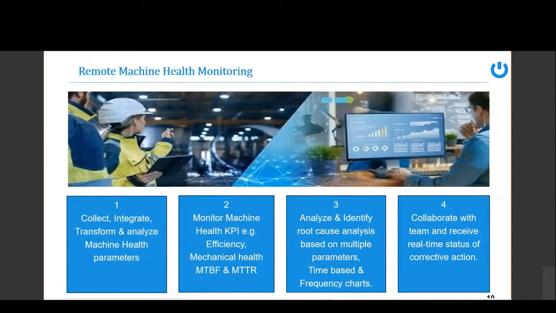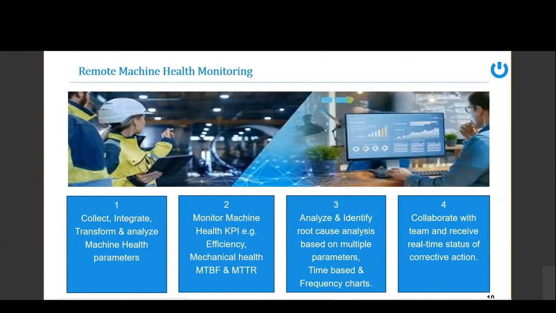Whether my efficiency is improving or reducing. Whether all my machines are healthy today. Whether my MTBF and MTTR KPIs are as per the goal I have set, or deviating.